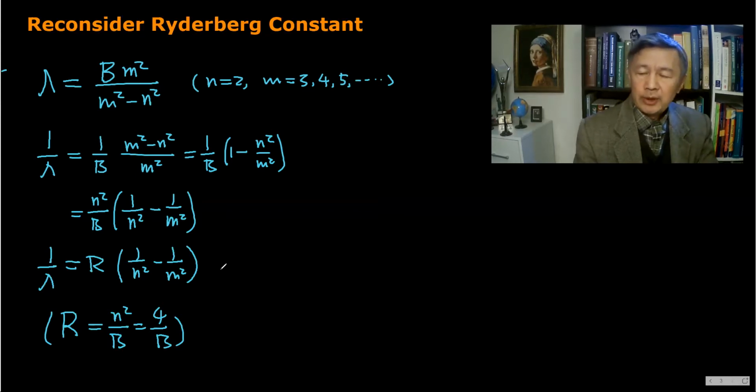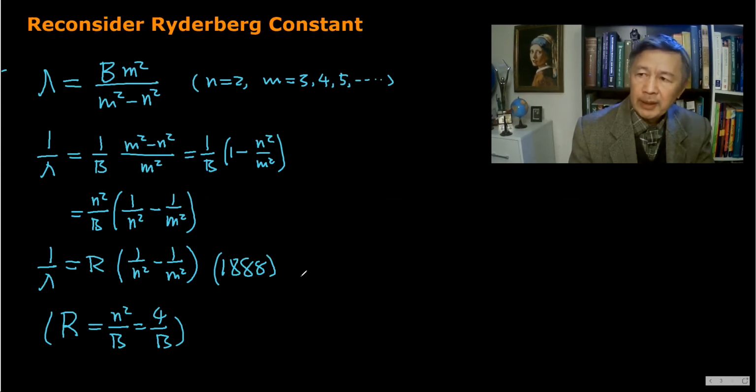This is Rydberg's work in 1888. Ten years later, the electron was discovered by J.J. Thomson. And by 1900, the quantum idea was first proposed by Max Planck.